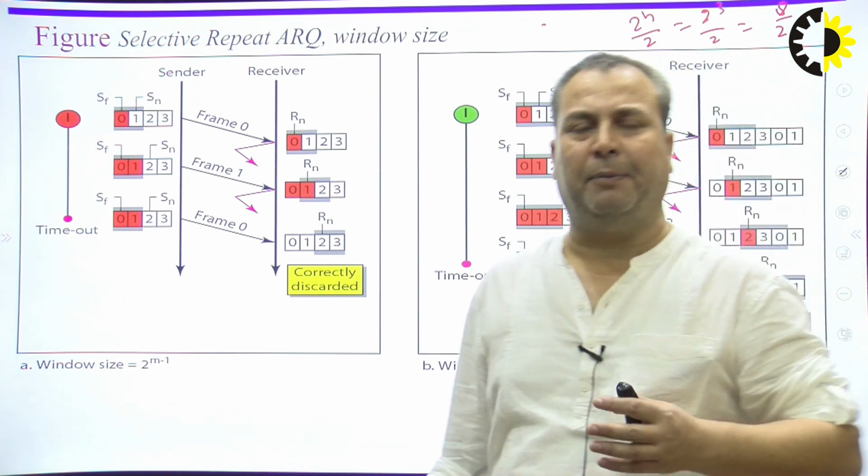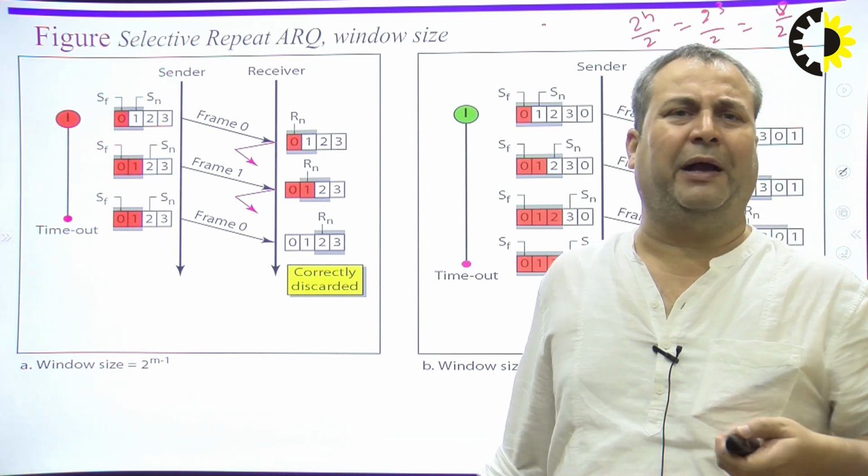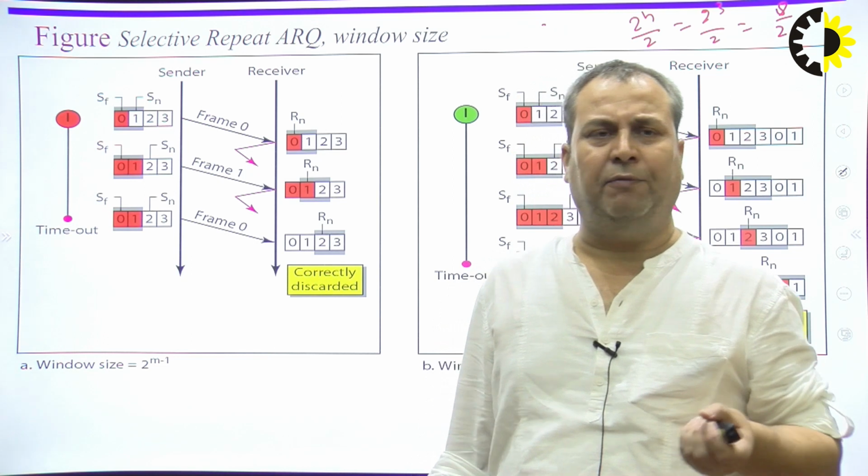So depending on the type of application, we can use either go back ARQ or selective repeat ARQ. So this is all about the flow control techniques.